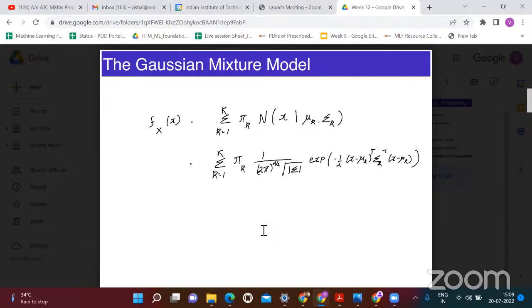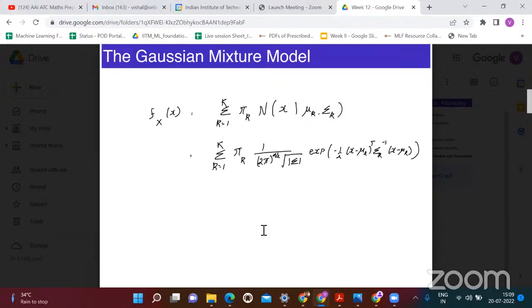You just have to write how much percentage of each, like for example pi1 was 40%, so you need to multiply that distribution by 0.4 and sum it with the remaining distributions. Like pi2 was 30%, so you multiply 0.3 with that density function, and then for the third case also you multiply by whatever the chunk is. So this is the basic density function, how you need to write it.